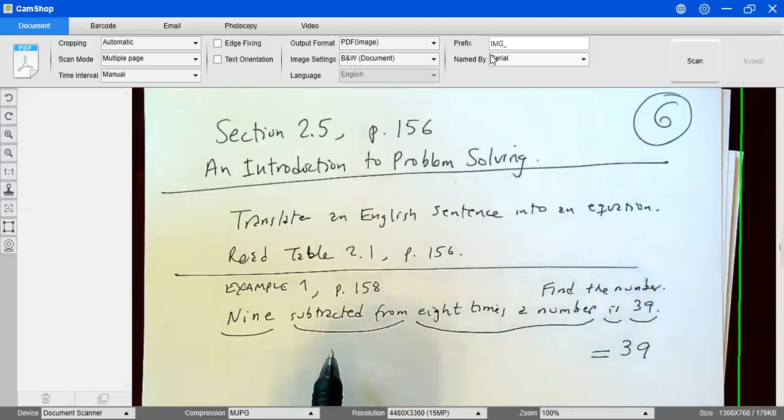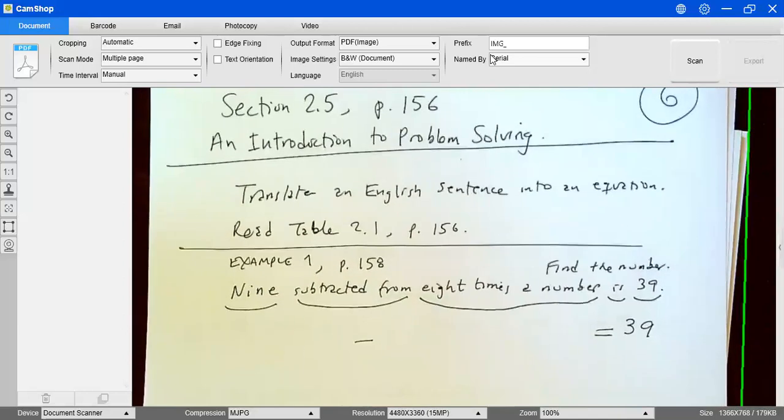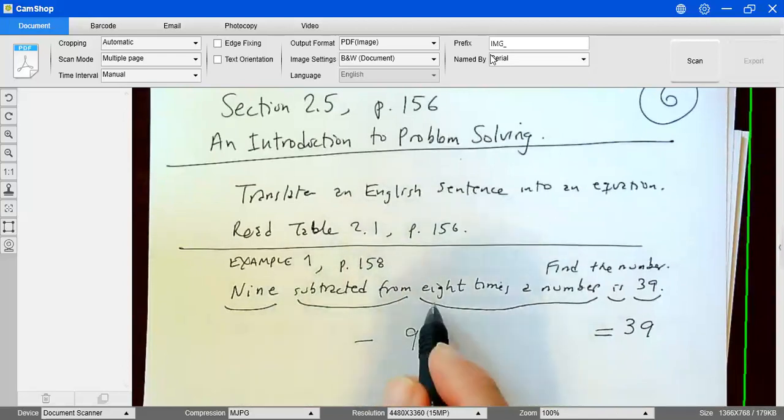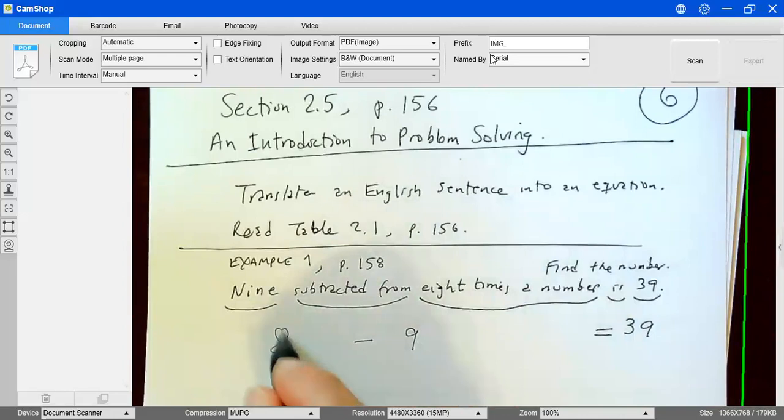Now we need to be careful when we are dealing with subtraction, because many times you need to reverse the order. "9 subtracted from" means you're going to have the symbol for subtraction, but 9 goes here, and 8 times a number goes here.